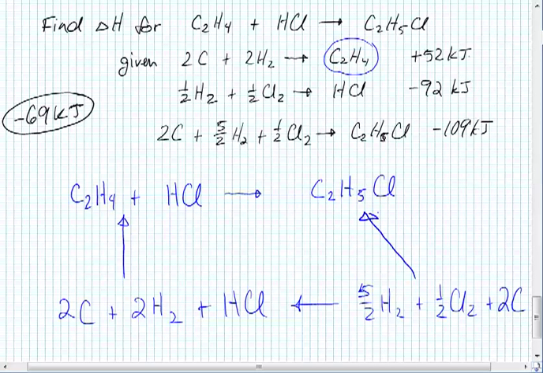Okay, so I can just start plugging things in. So this is going to be 52 kilojoules here. And then the one to create HCl is negative 92. And the one to create the C2H5Cl is negative 109. And this is the one that I'm trying to find out, delta H. So the arrows have to all start at the same place and end at the same place.